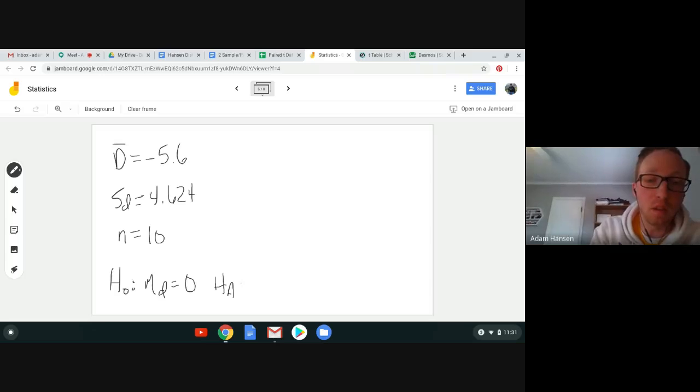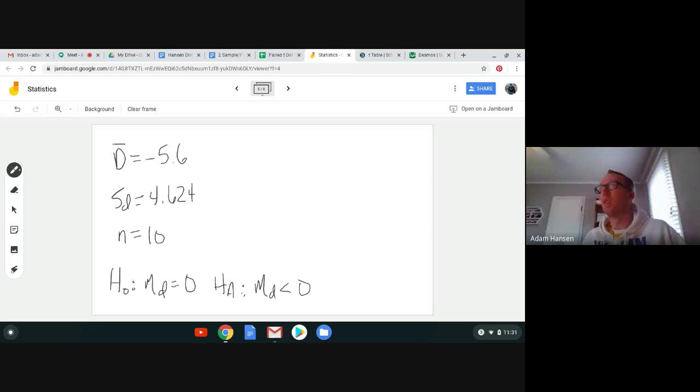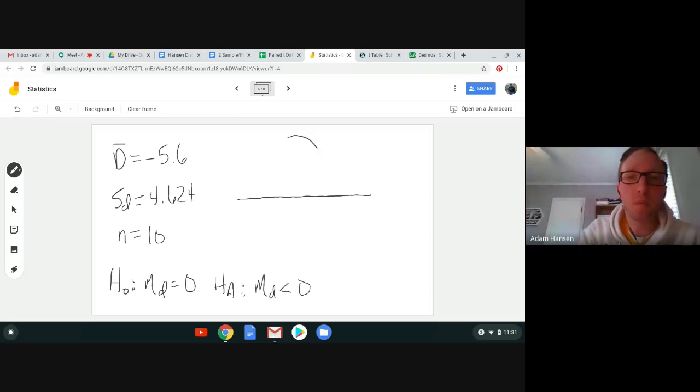And then for our alternative, we're testing to see if people lose weight. Therefore, the differences would be negative, less than 0. We're testing at the 1% significance level. I want to reject a true null hypothesis only 1% of the time as my allotted error.